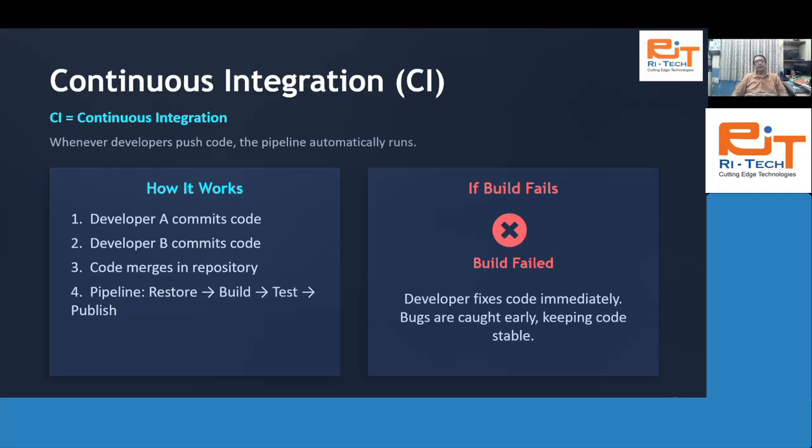If you use continuous integration, your bugs will be detected in an early stage before pushing the entire code to production, and it will be easier for a developer to fix them immediately.